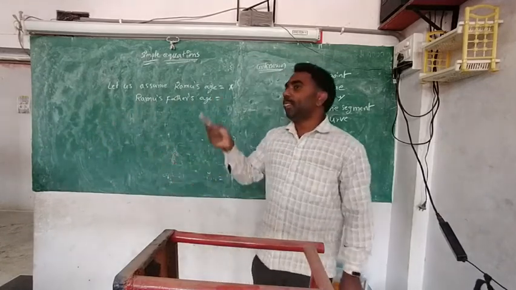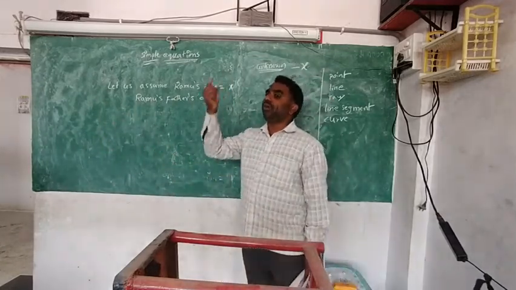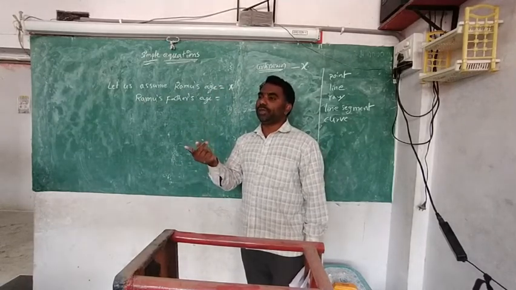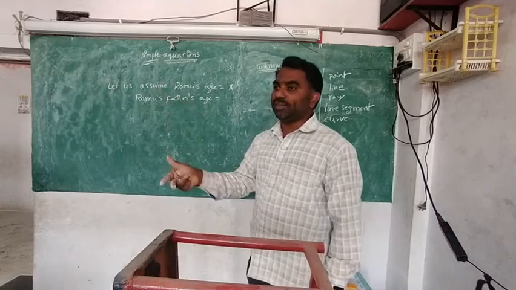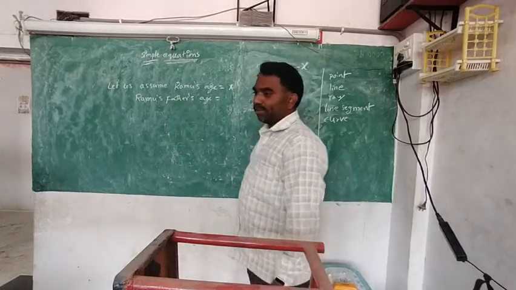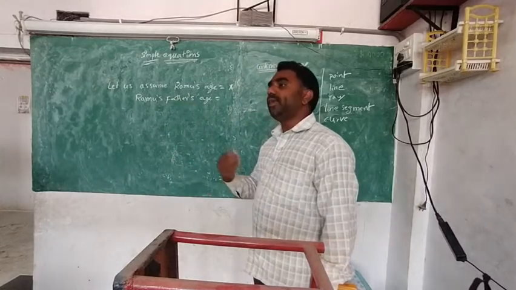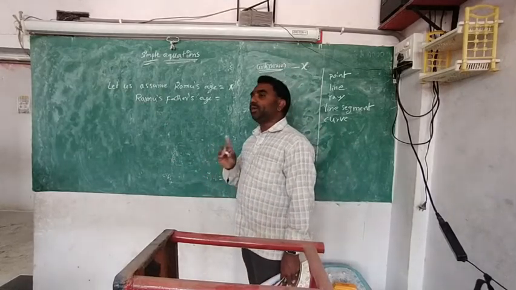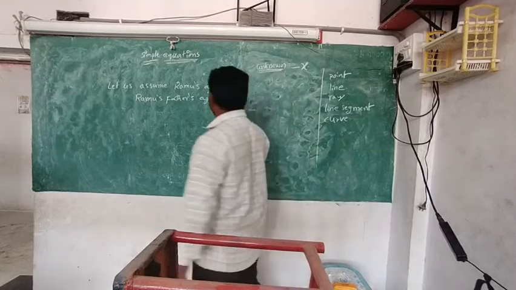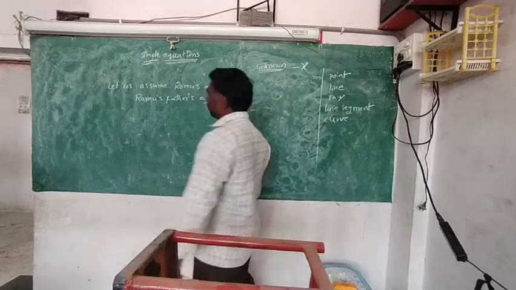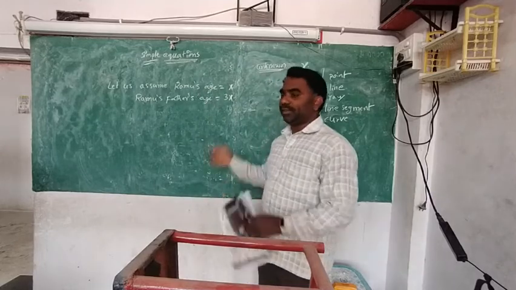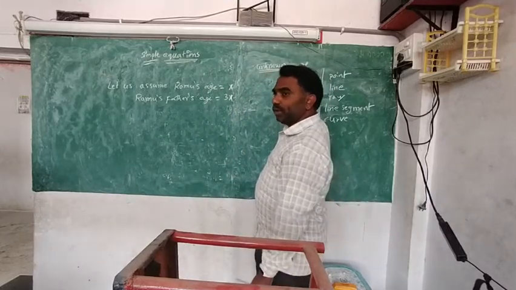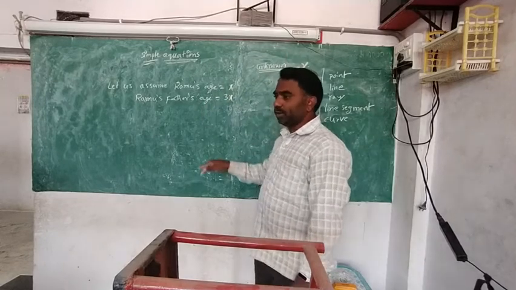What did he say? 3 times of Ramu. 3 times means multiplication. 3 into Ramu's age, which is x. 3 into x is 3x. Addition and subtraction symbols we will not remove, but the multiplication symbol we will remove, and we will write it as 3x. Okay, this is completed. First two, finding the unknowns, are completed.